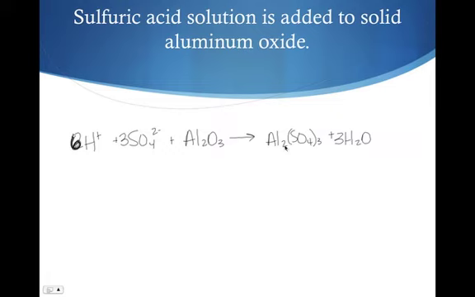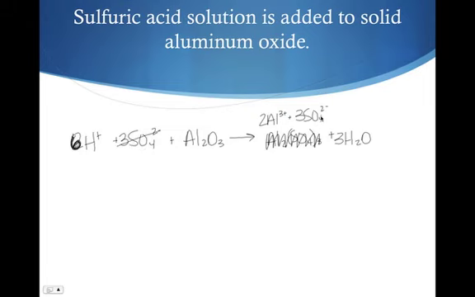And to be perfectly honest, my solubility rules are escaping me. I cannot remember if this guy is soluble or not. Let's pretend that it is, and if we're pretending that it's soluble, then we're going to end up with 2 aluminum ions, 3 sulfate ions, instead of the compound put together.